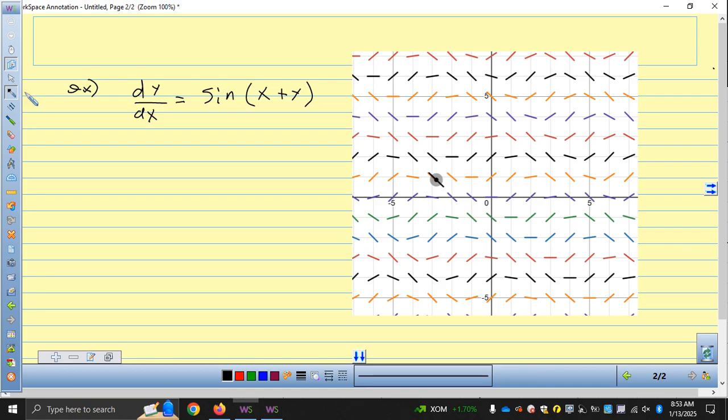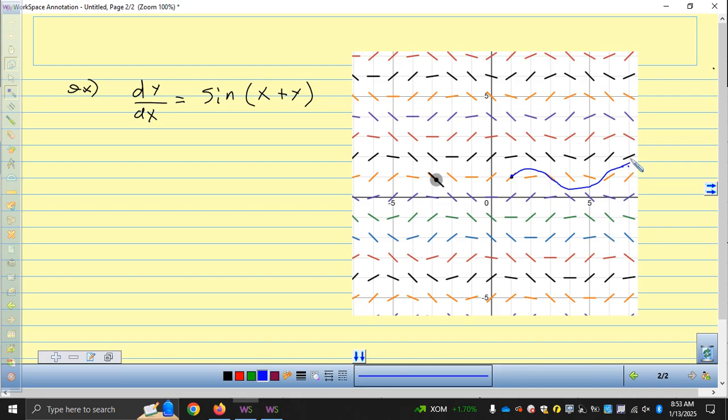And if we wanted to plot a solution curve, the solution curve generally follows the slope as we move along the curve. So if I started here and I wanted to sketch a solution curve, our solution curve would look something like this-ish.